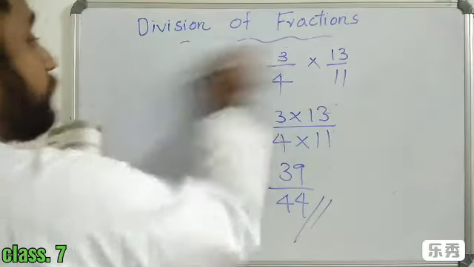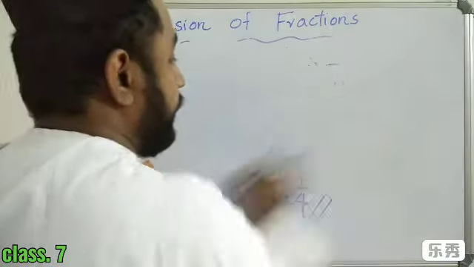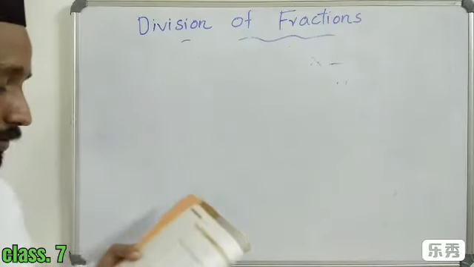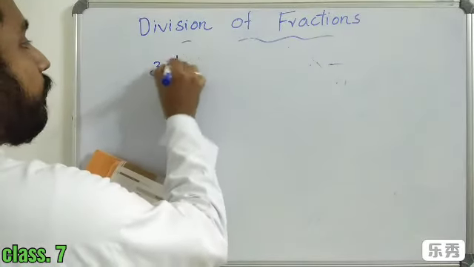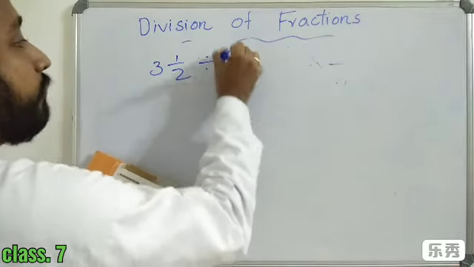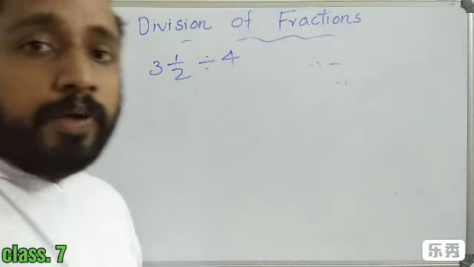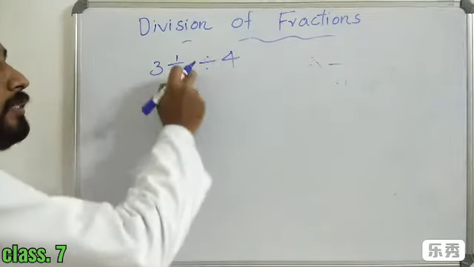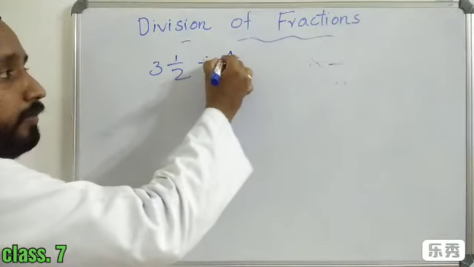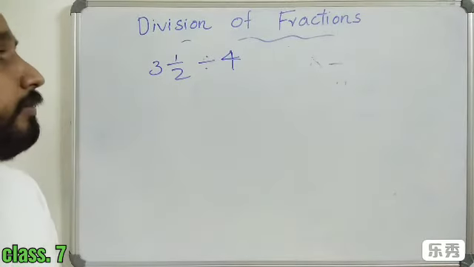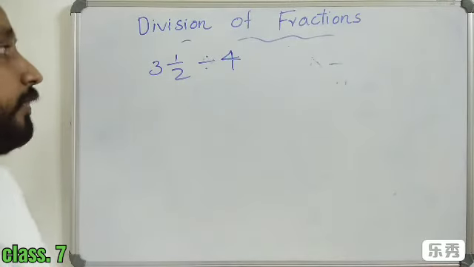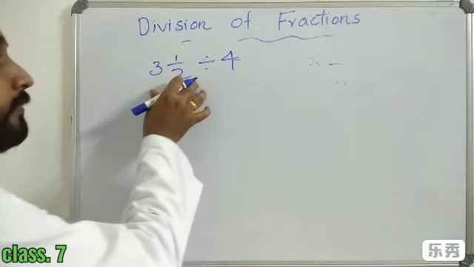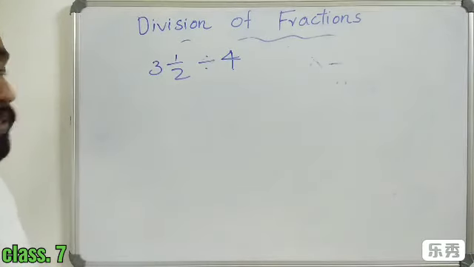First question, find 3 1 by 2 divided by 4. Look here, this is a mixed fraction, and this is a whole number. We have to divide 3 1 by 2 by 4. First, we change this mixed fraction into an improper fraction.